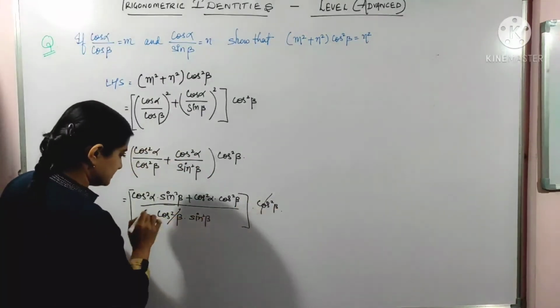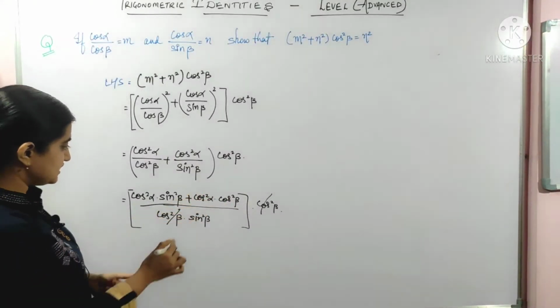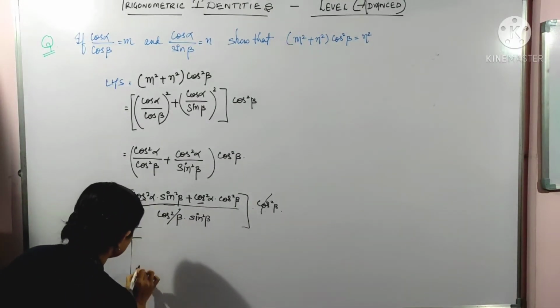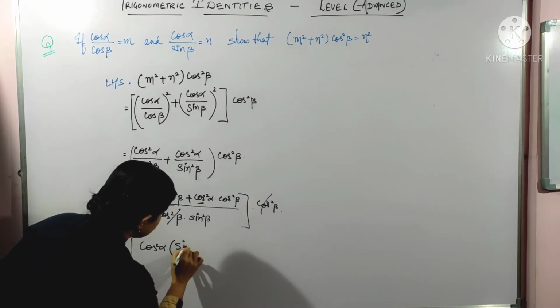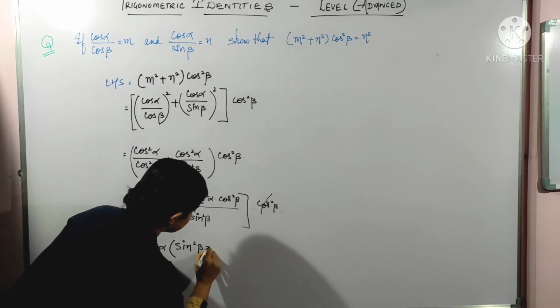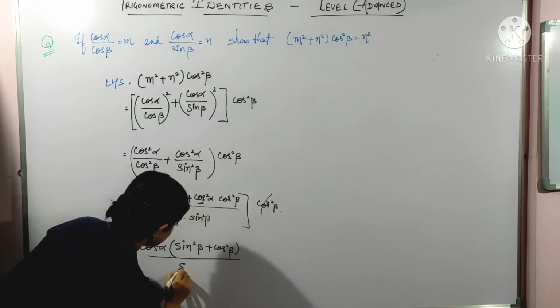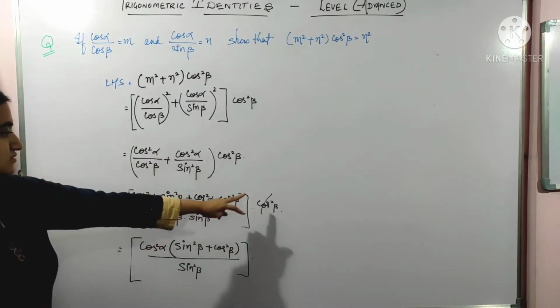Okay, so we are removing it here only. Now cos square into sin square, cos square into sin square, here we can take this part common. Yes, so we will do it. Cos square alpha common, and what will be left inside? Sin square beta plus cos square beta. Okay, and in the denominator we will have sin square beta. Okay, so this one is gone.